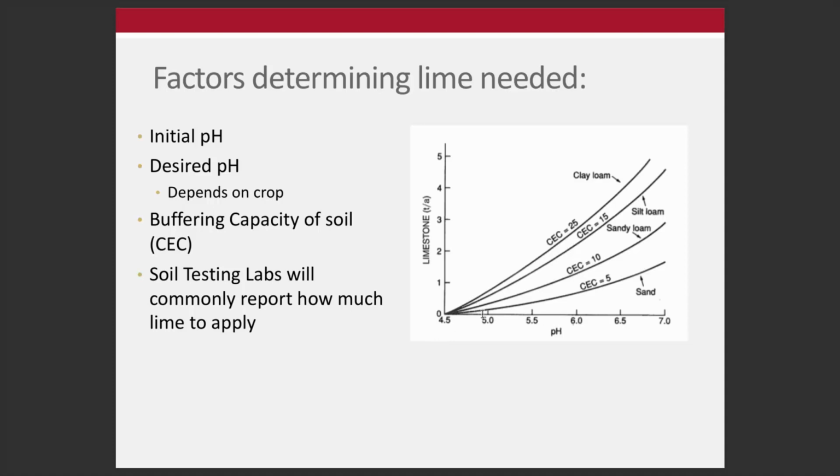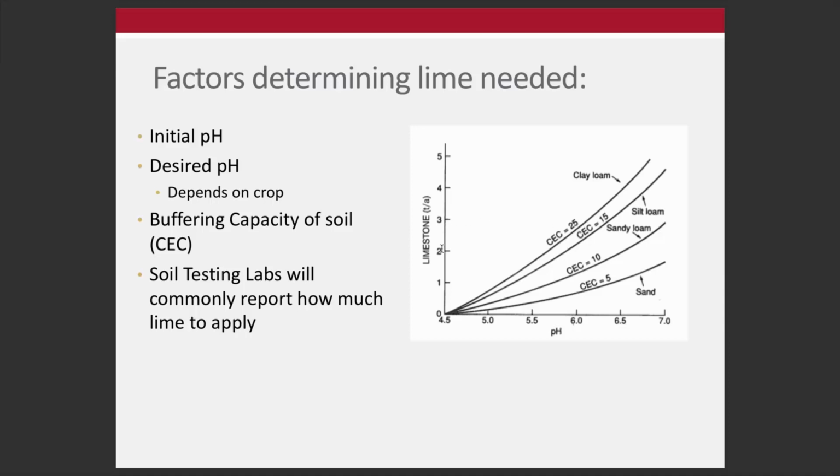Here's just a schematic showing lime rates, how much lime you added versus the pH, okay? So imagine we have a pH of, say, 6, and let's maybe say a pH of 6.5, right? And then we've got soils with different CECs, from a 5 to a 10, a 15 to a 25, okay?